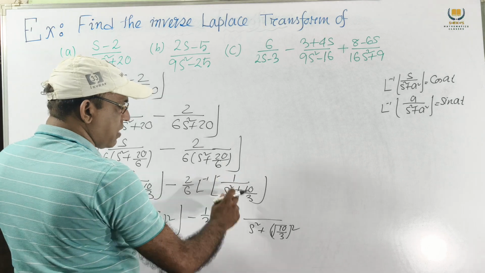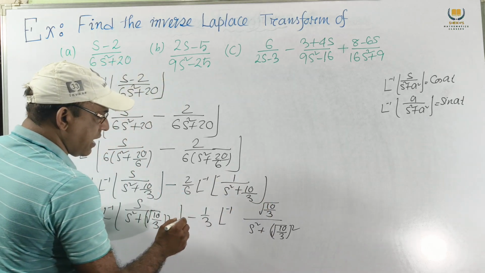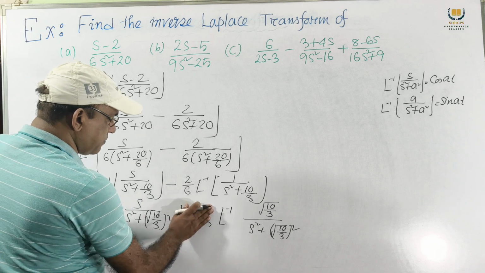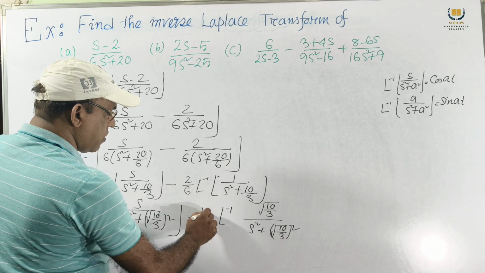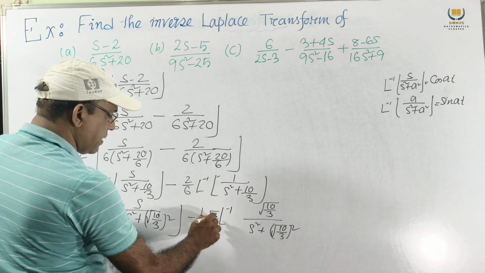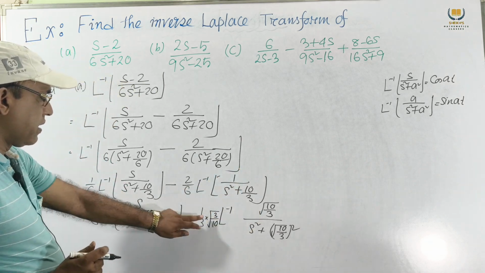And the numerator is 1, so we write root 10 by 3 in the numerator, and outside we write root 3 by 10. Then this is cancelled, ultimately we get 1.